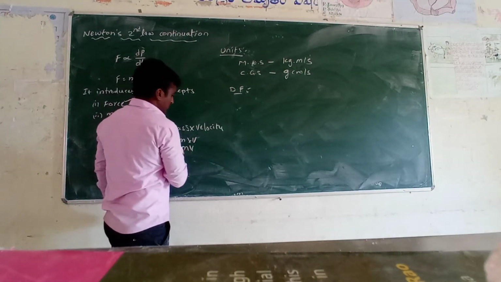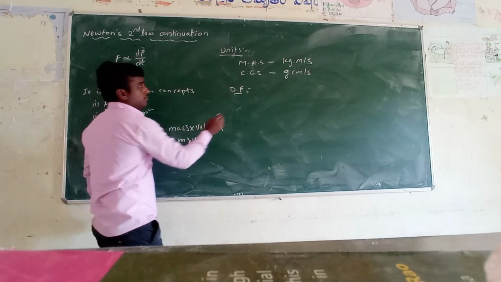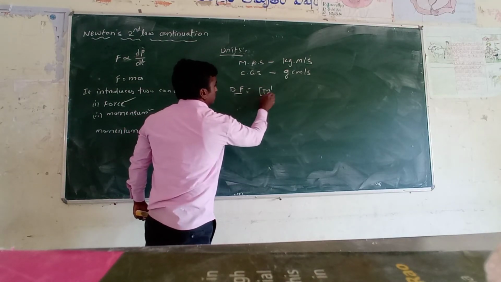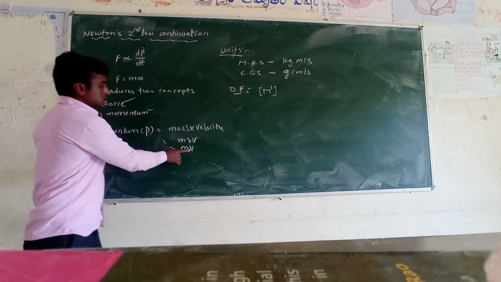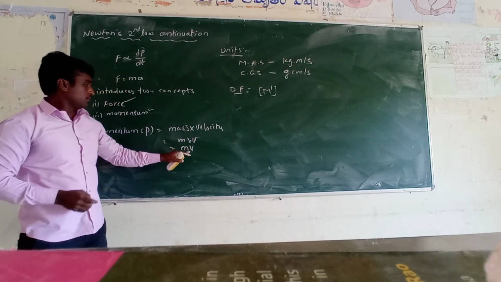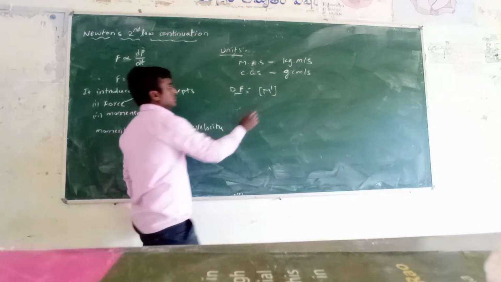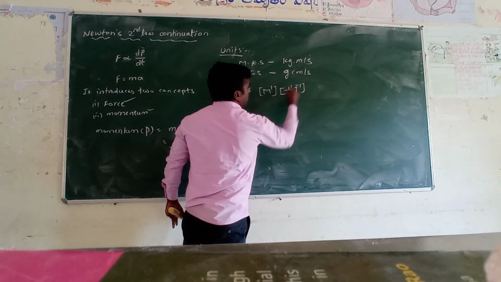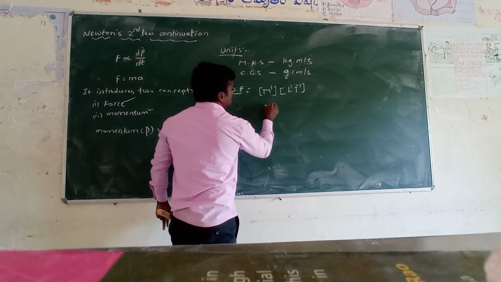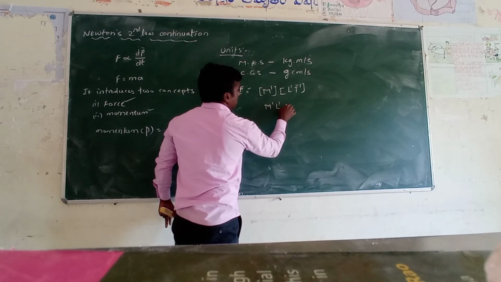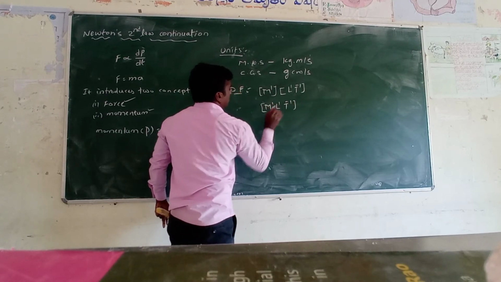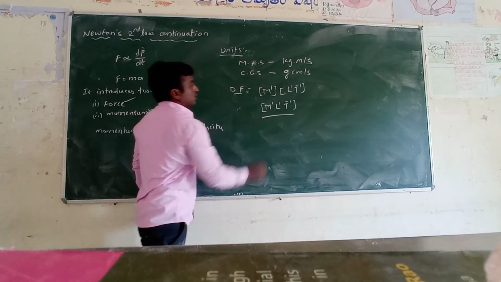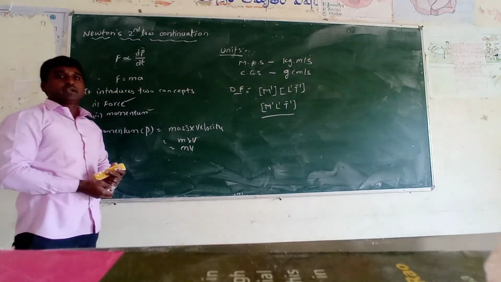The dimensional formula of mass is M power 1 only. The dimensional formula of velocity is L power 1 T power minus 1. So that is M power 1 L power 1 T power minus 1. This is the dimensional formula of momentum.